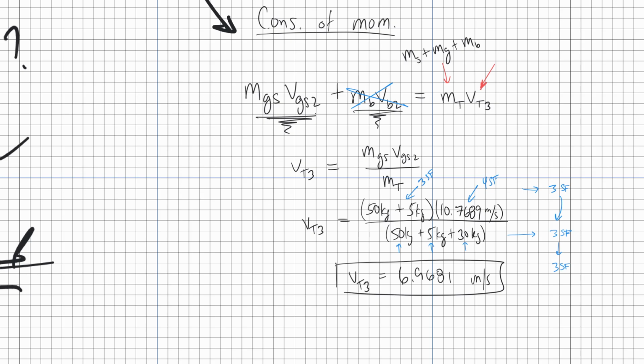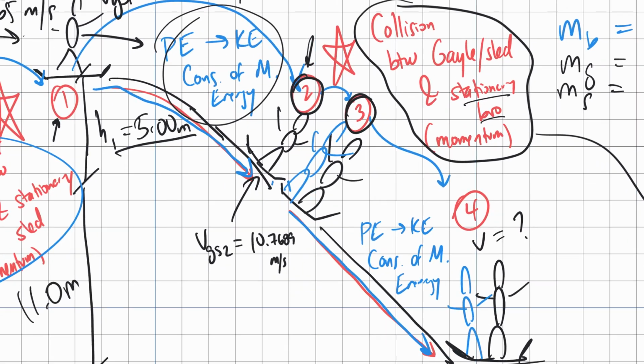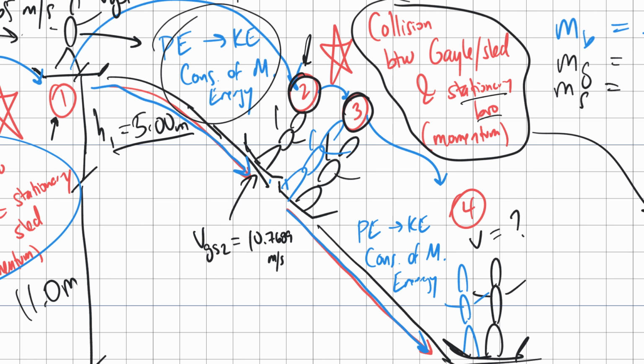So let's go up to 3. I've been doing this in black, so let's stay in black here. Okay, here we go. V total at 3 is 6.9681 meters per second.